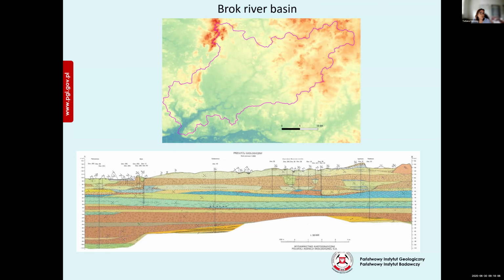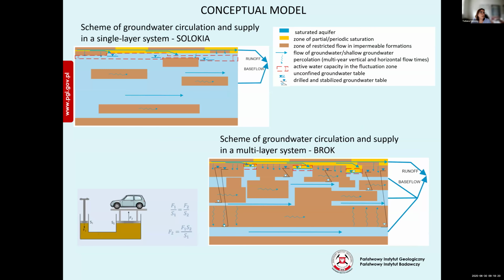The geological structure is considerably more complex here, which complicates the schematization and may influence the results. This is a schematization of the hydrogeological conditions in the Solokia and Brock catchments.